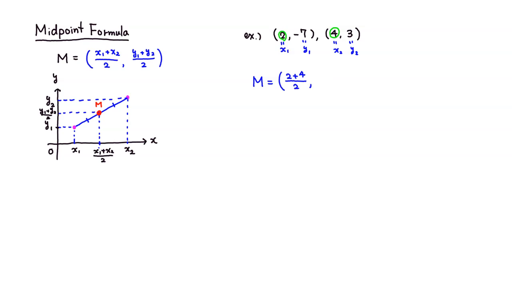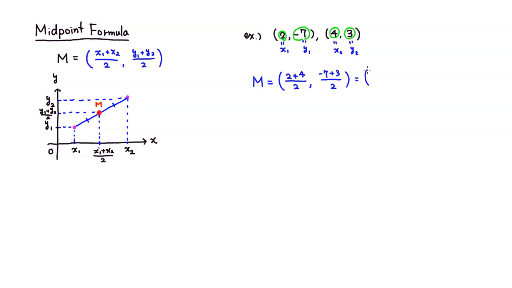And the y coordinate would be y1, which is negative 7, so we put negative 7 here, plus y2, which is positive 3, so we put 3 there, and over 2. Then we just have to clean it up.